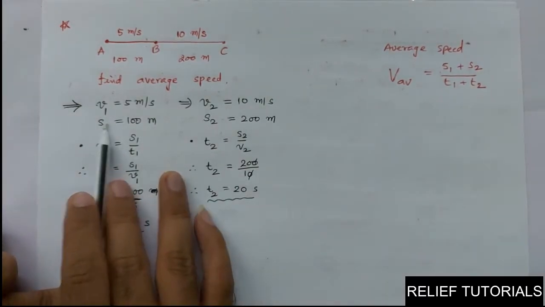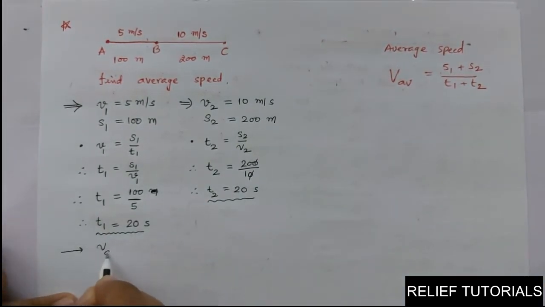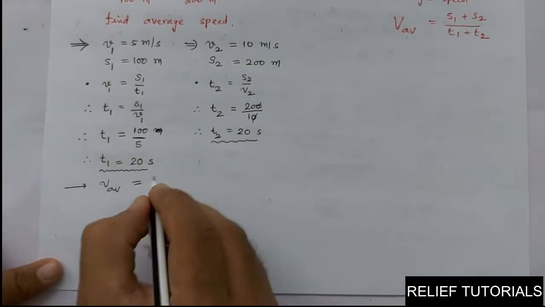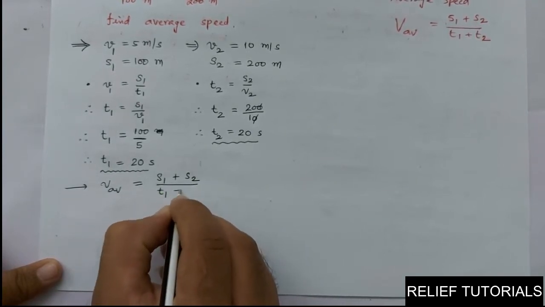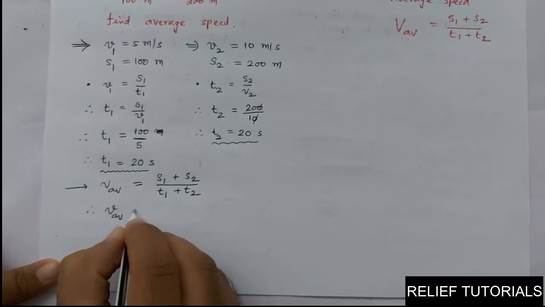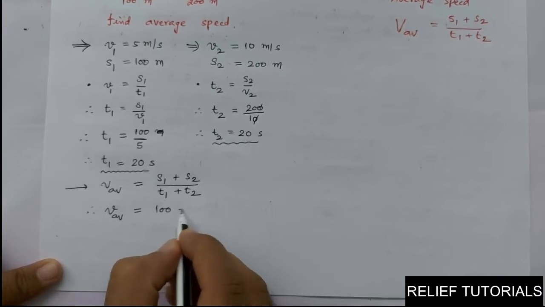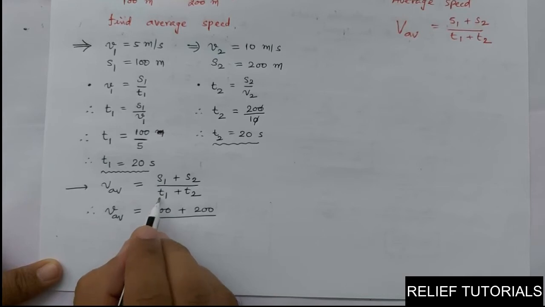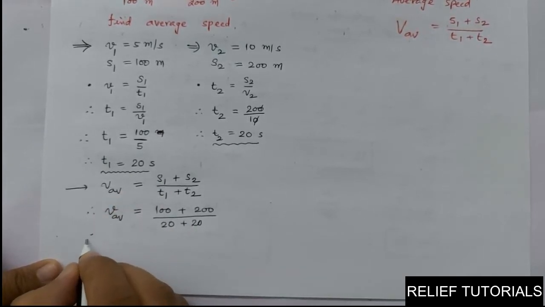Now we have S1, S2, T1, T2. We want to find average speed. So now we can write the formula VAV is equal to (S1 + S2) upon (T1 + T2). Therefore, VAV is equal to S1 100 plus S2 200 upon timings T1 20 plus T2 20.